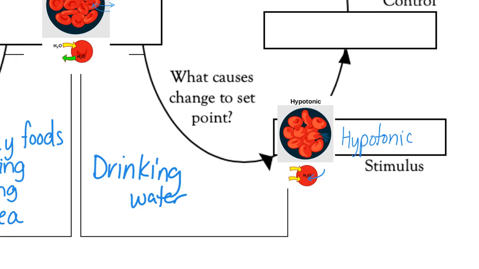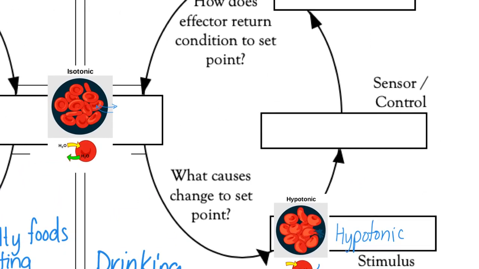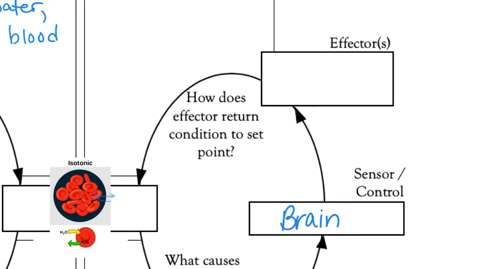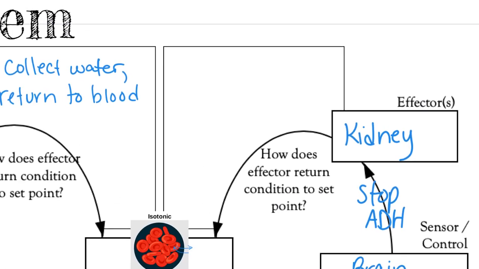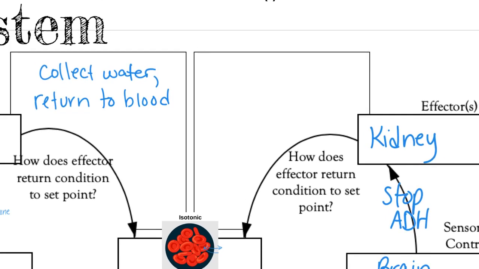So just like before, the blood is recognized as being hypotonic by the sensor, in this case the brain. That is going to then stop sending ADH. And the kidneys recognize this drop in ADH and they respond by, instead of filtering out the water and returning it to the blood, they're going to collect out the water and send it to the bladder.